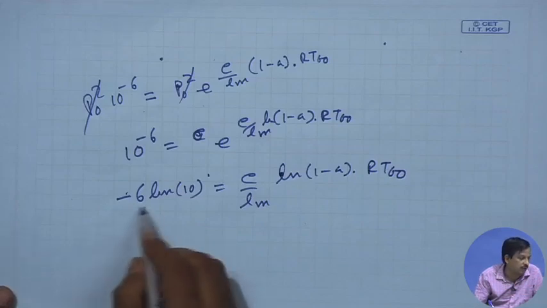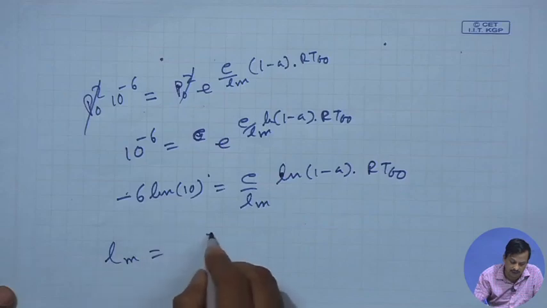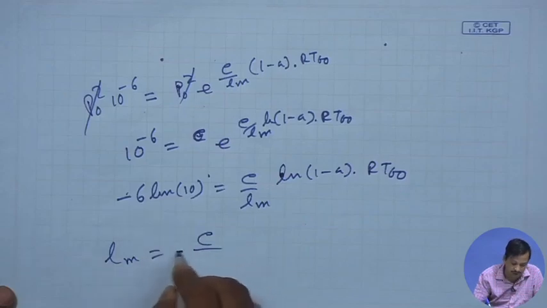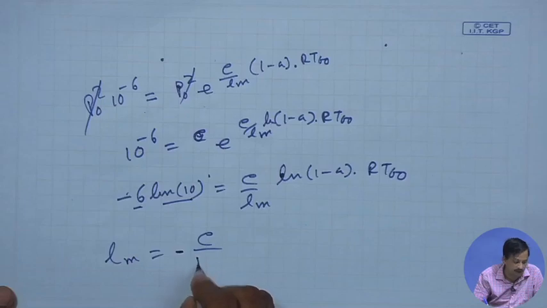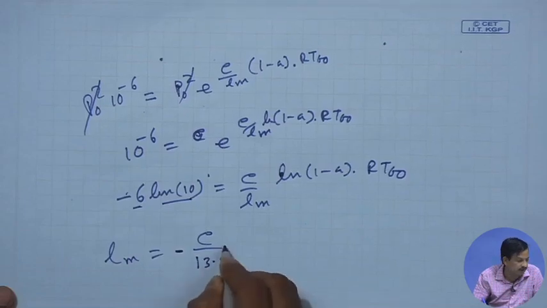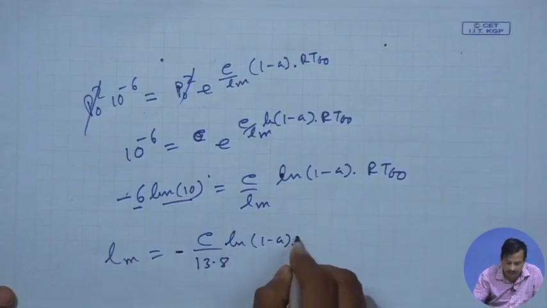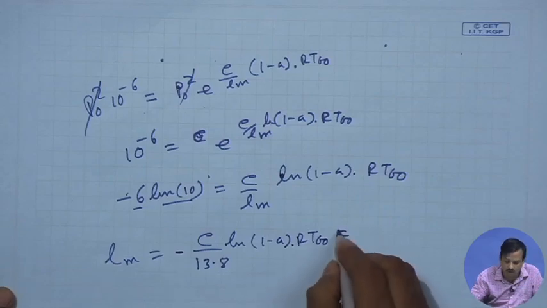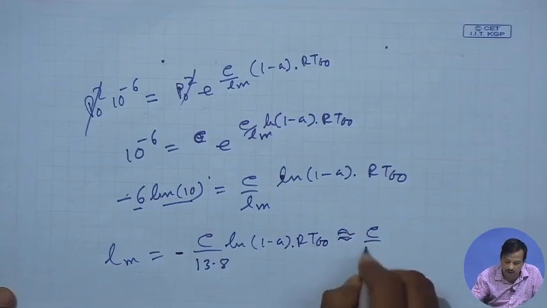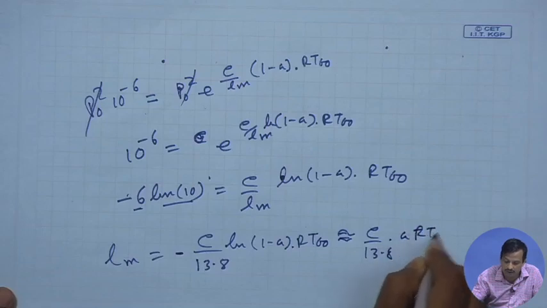So, I can calculate this value. Lm is c by minus, this will be minus, and 6 ln 10 is 13.8, into ln 1 minus a RT60, which is almost equal to c by 13.8 into a into RT60.